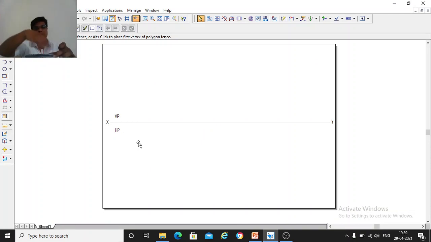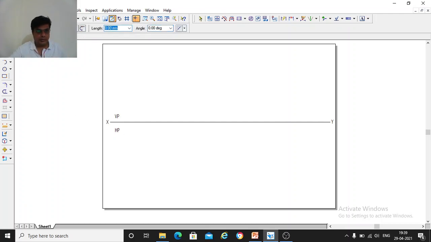So in top view I can see the triangle, and since it is resting on the edge, the edge should come on the left hand side. So you draw a line on the left hand side, with some gap below this line, a vertical line of 25 mm.